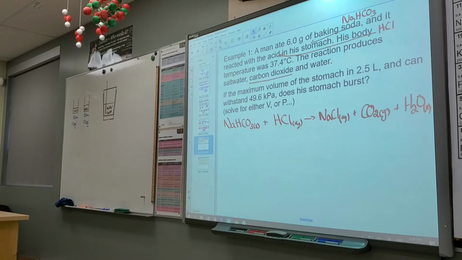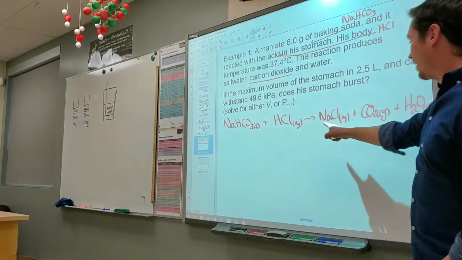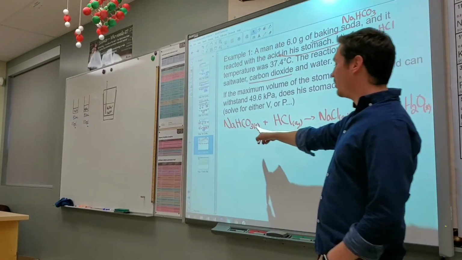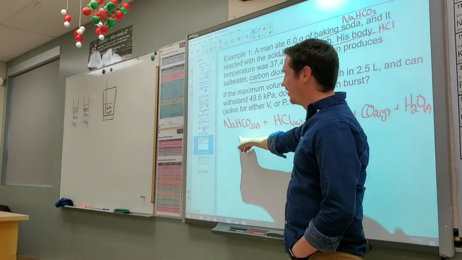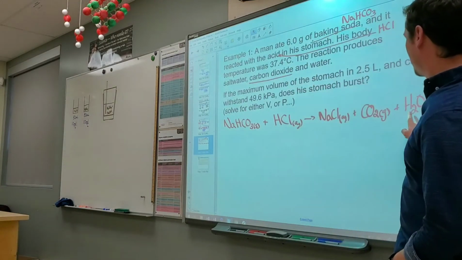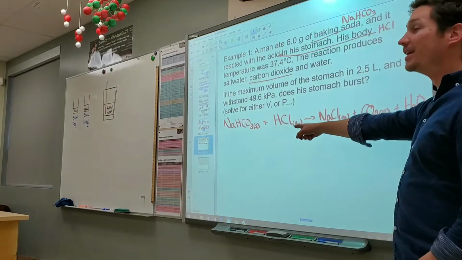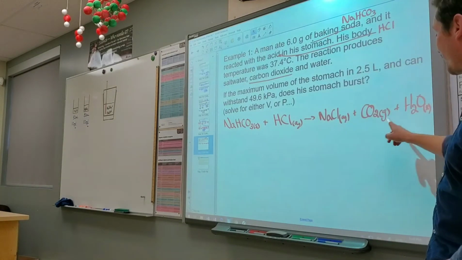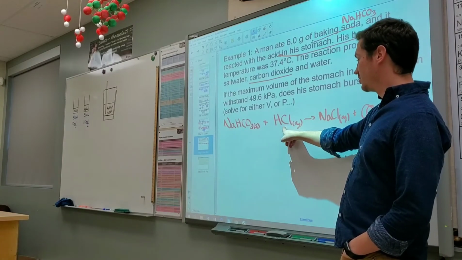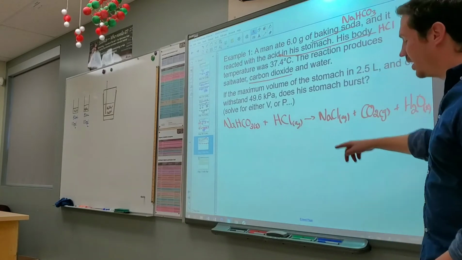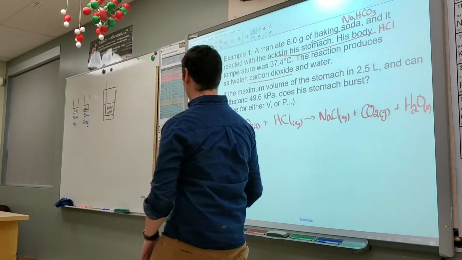How many sodiums on the left-hand side? 1. How many sodiums on the right-hand side? 1. How many hydrogens on the left-hand side? 2. Okay, 2 hydrogens. How many oxygens on the left-hand side? 3. And 3. How many chlorines? 1, 1. Boom, done. It's all balanced. Everything is just a 1, 1, 1, 1, 1, 1, 1, 1.